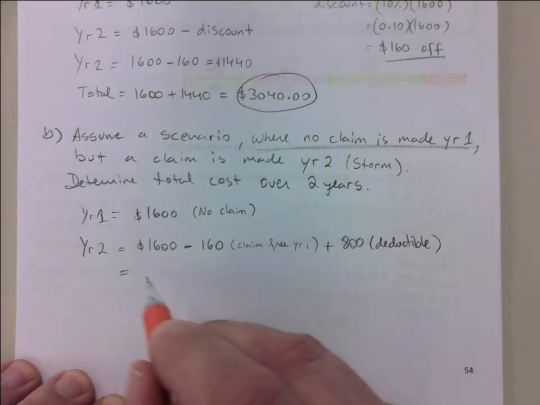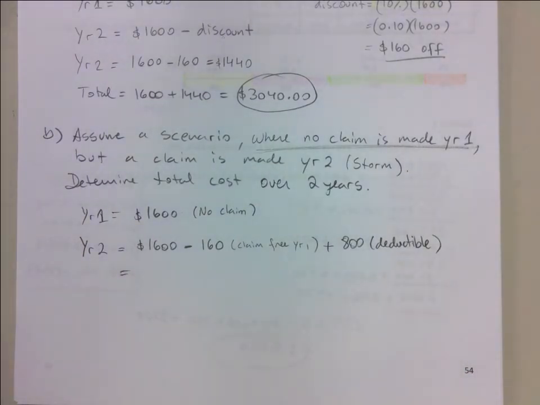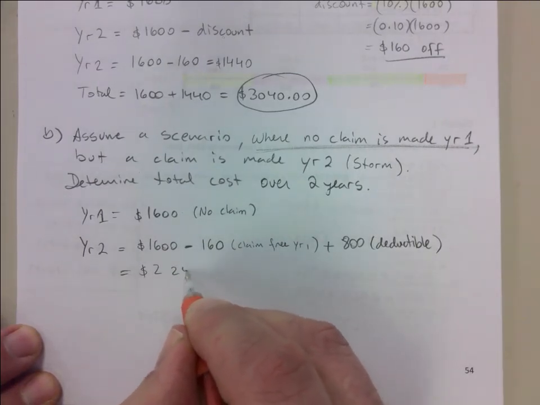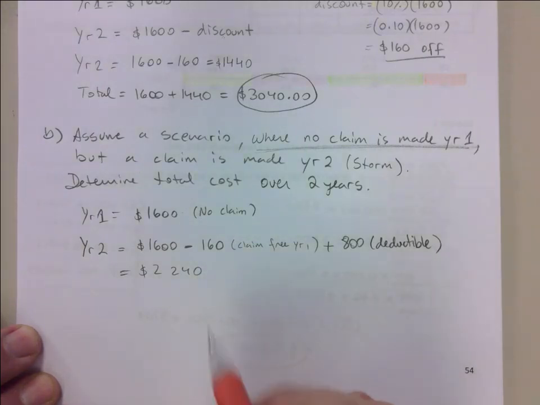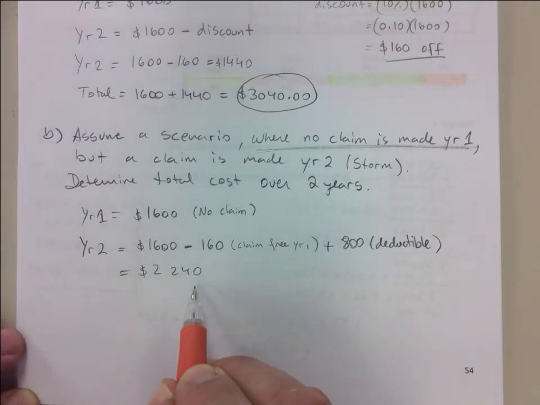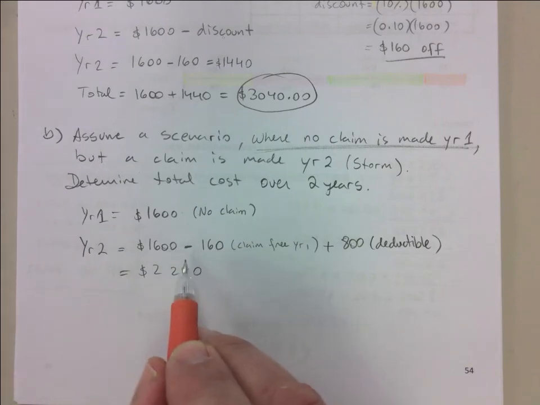Okay, so that would be 1440. I should be able to do mental math on this, but I don't trust myself after that mistake I made earlier. 2,240, right? If you go 1,600 minus 160 plus 800.